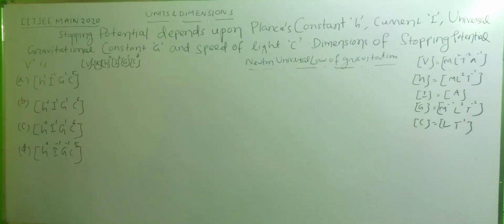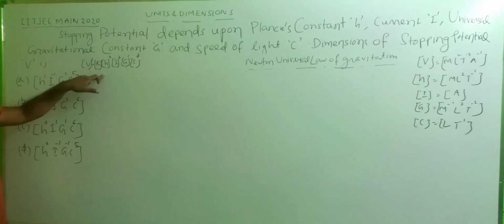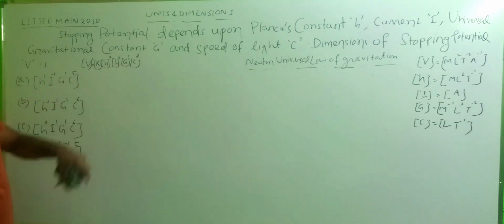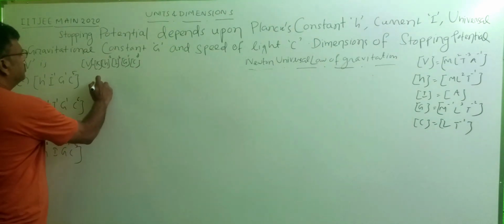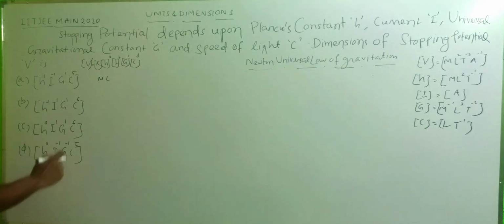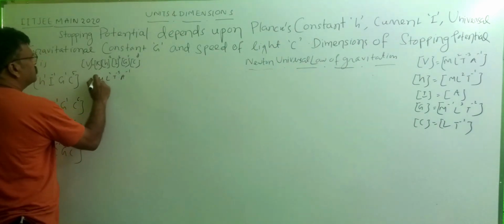Okay students? And what is the dimensions of K? That is M0 L0 T0, because this is a dimensionless constant, students. So what is the dimensions of V? We have written there M L2 T minus 3 A minus 1. Okay students?